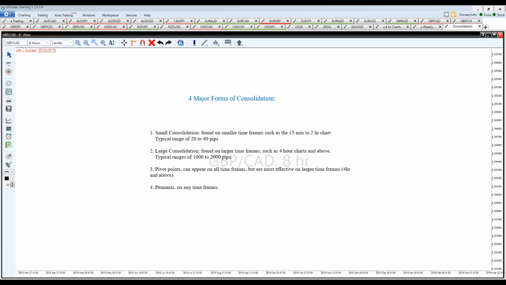The range of those small consolidation patterns tend to be between 20 and 40 pips. Now, there are reasons why consolidation will form on the lower time frames. So let's talk about those.